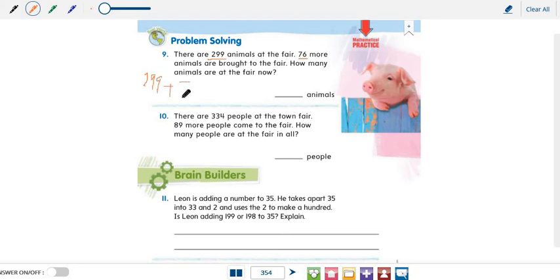to 76. Since we have a number that is very close to 300, we can make 300 before adding. How many ones do we need to move from 76 to 299 to make 300? Yes, we need only one.